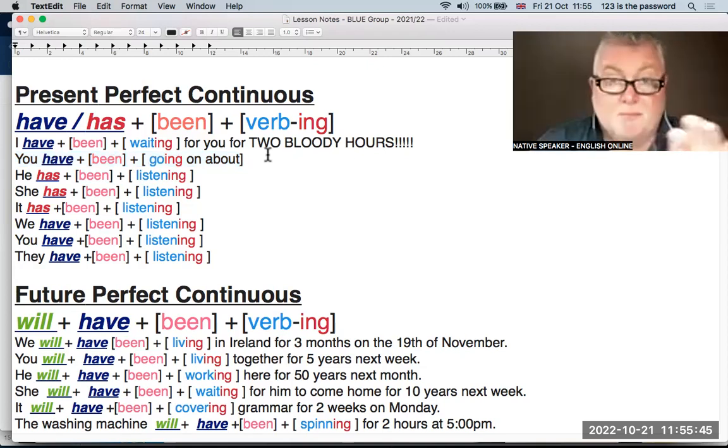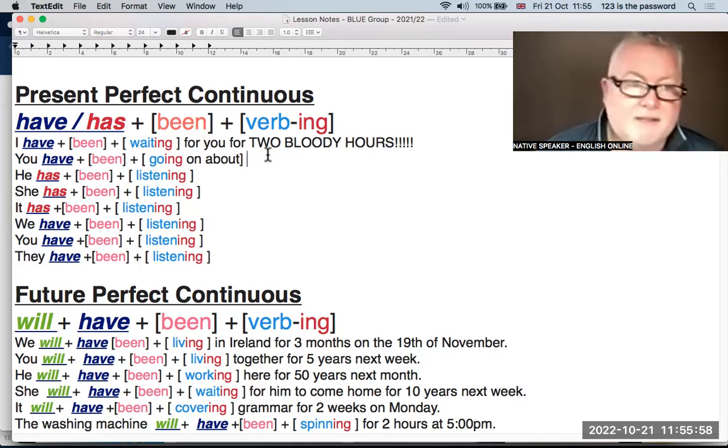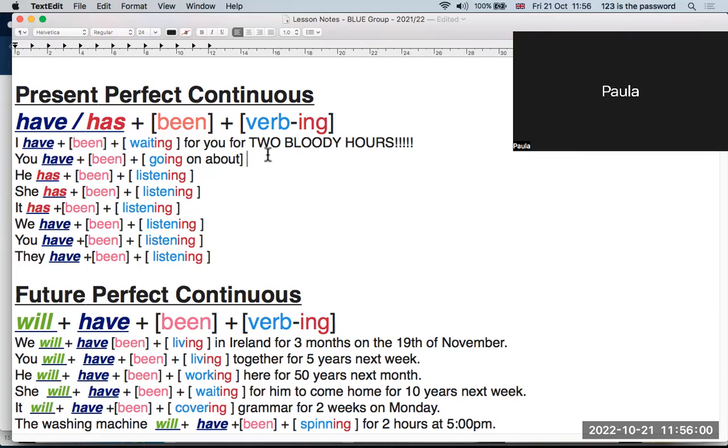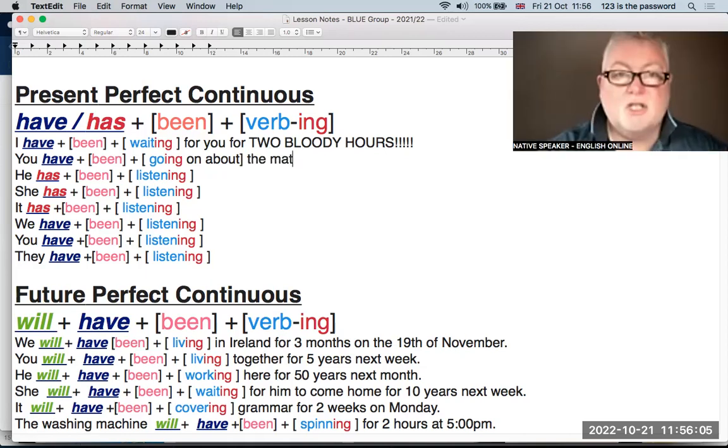And remember that your boyfriend is talking about a match, and you're sick and tired of hearing about this match. And how long has he been talking? For ages. Paula, give me the sentence. So you have been going on about football for ages? Or the match. Okay. For ages. To go on about means talk too much about.